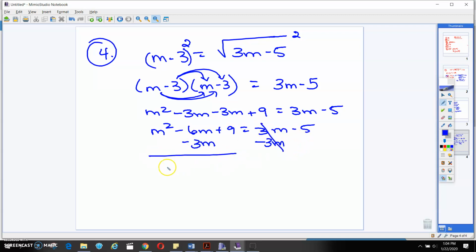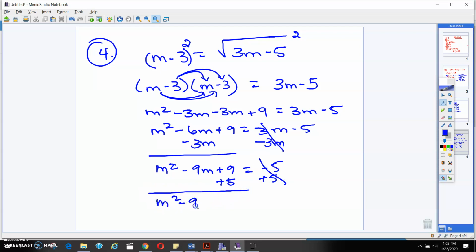That's going to give me m squared minus 9m plus 9 equals -5. I still want to move that 5 to the other side, so I'm going to add 5 on both sides. That's going to give me m squared minus 9m plus 14 equals 0. Now we're going to have to factor.